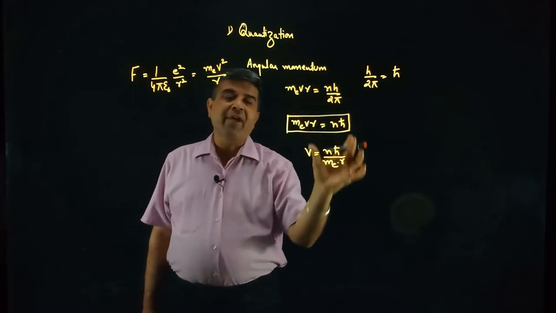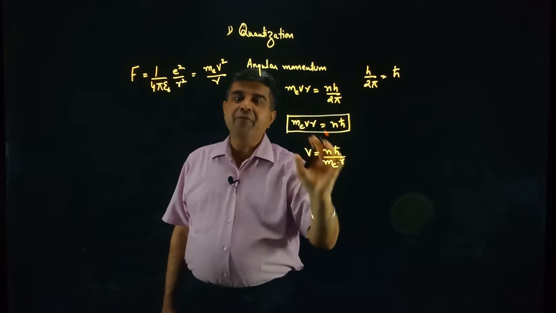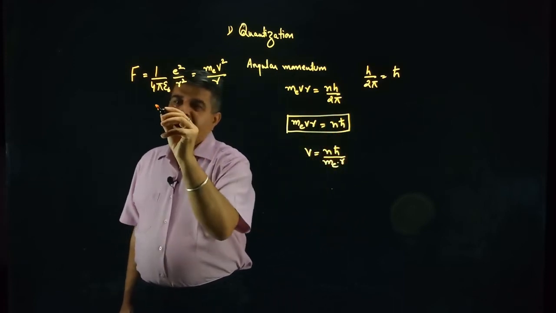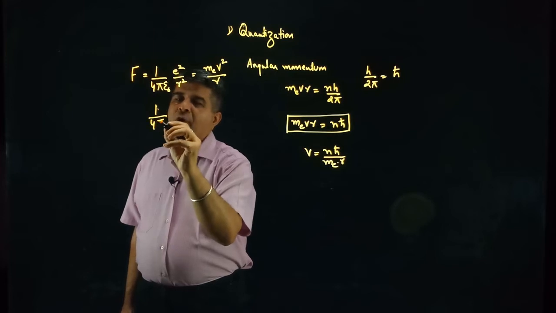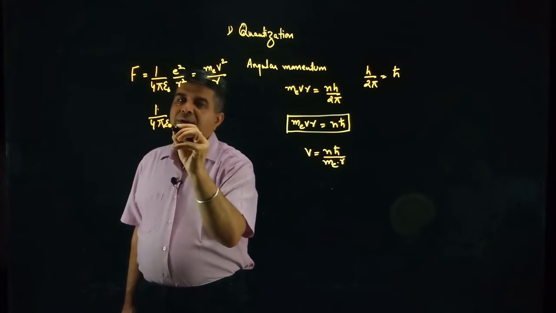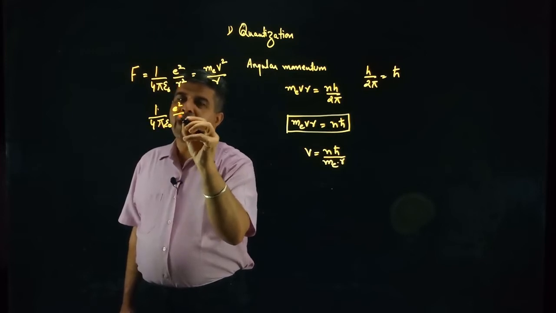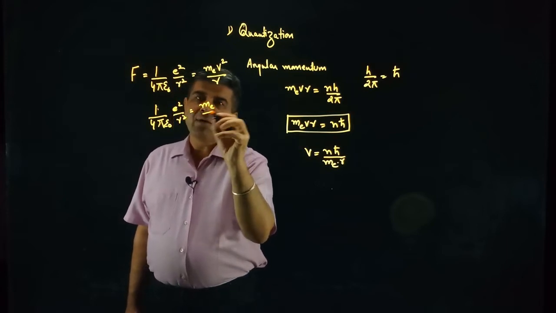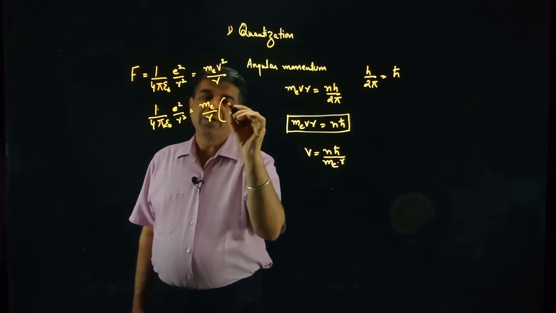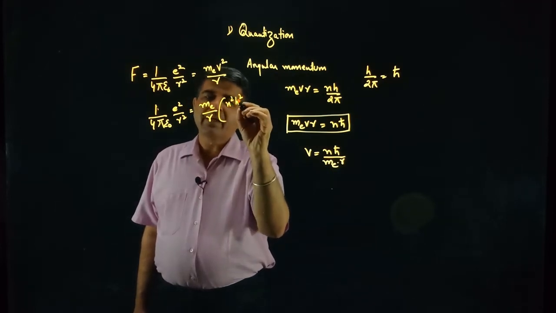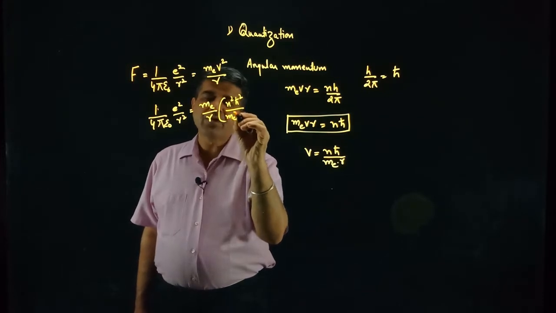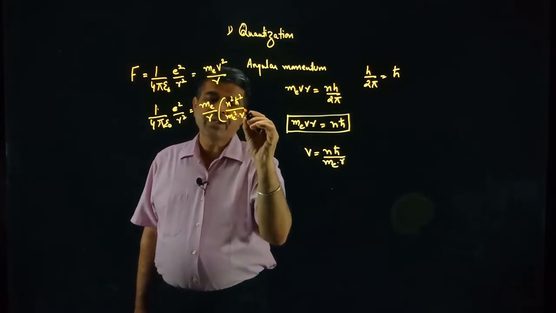Now substituting the value of velocity obtained from this quantized angular momentum in this formula, I can write 1 by 4 pi epsilon naught e square over r square would be mass of electron over radius into n square h bar square over mass of electron square into radius square.